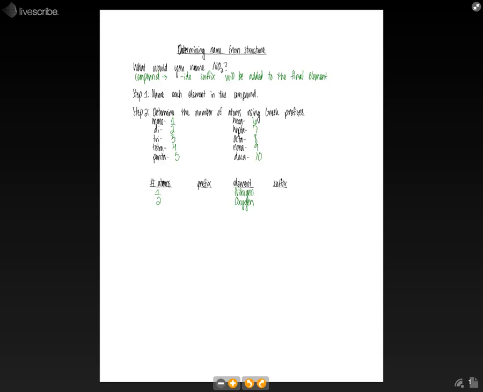So if we look at the oxygen first, 2 means that we're going to have a di prefix. And then also, like we said before, since this is a compound, we're going to have an IDE suffix only on the final element.